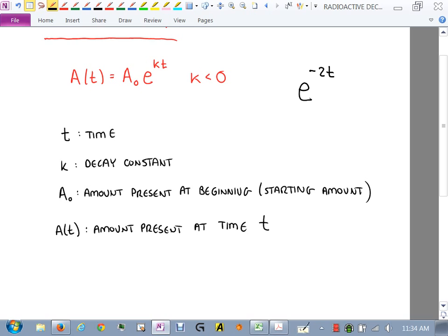How about negative 2t? We need to understand that this is decay. The base of this is E, right? The base is bigger than 1? I thought I said that if the base was bigger than 1, we had growth. I did say that. Didn't I? Of course I did, yes. So why is it decay? I'm telling you it's decay.